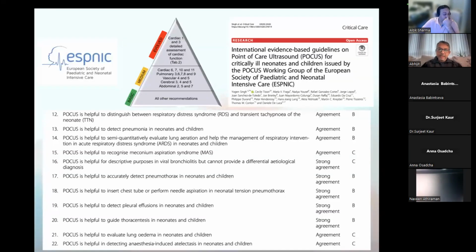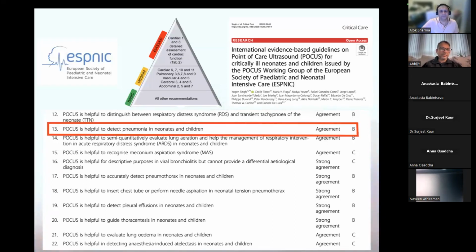For all the people out there who believe in evidence-based medicine, and also to satisfy the skeptics who keep on asking why you need lung ultrasound, there is the evidence here. I'm not going to go through it, but you see number 13: POCUS is helpful in detecting pneumonia in neonates and in children.